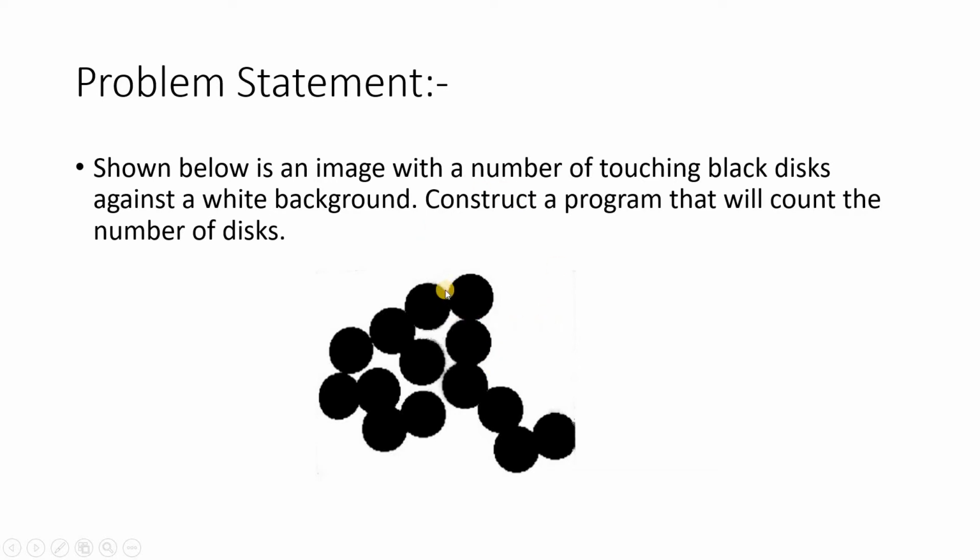Then we will label this. In case of bwlabel, if we choose two output parameters, the first one will give us the labeled image and the second one will give us the total number of objects present in the binary image.